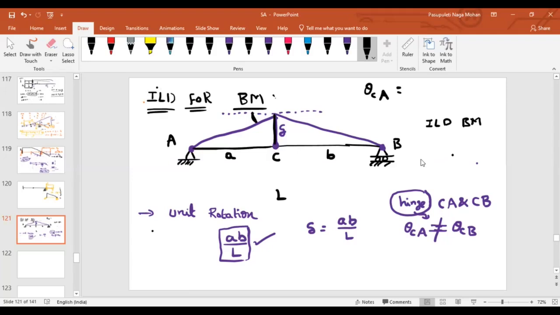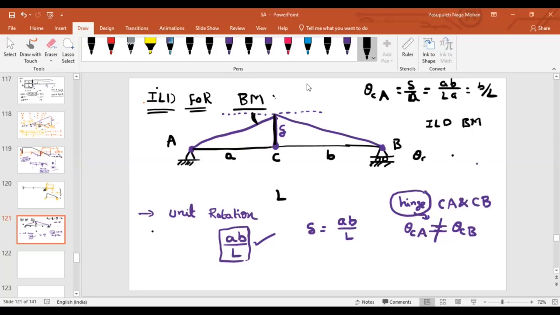A. So what about the slope here? Theta CA is delta by A, that will be equal to how much? Here delta is AB by L, so delta by A is AB by LA. A gets cancelled, then B by L.